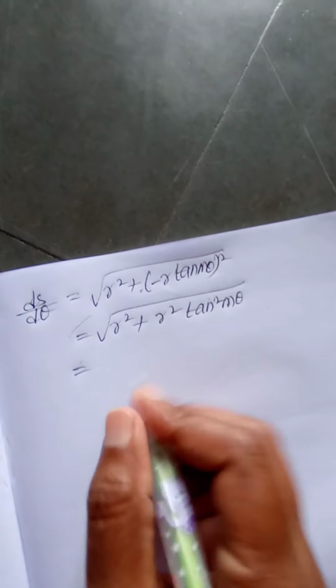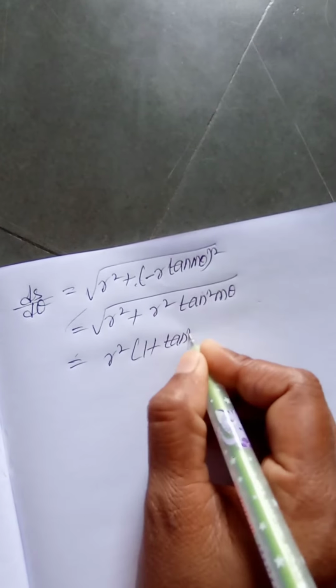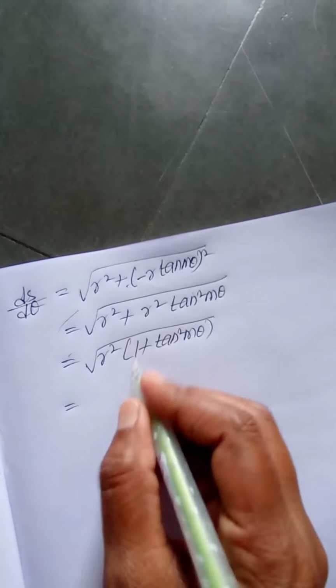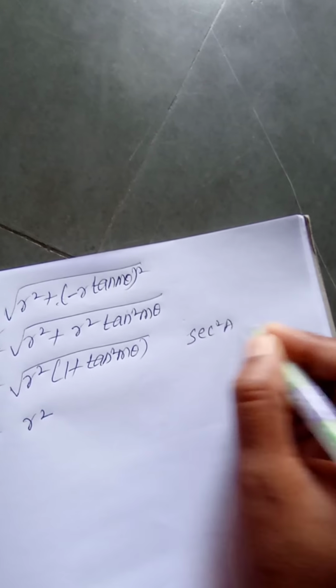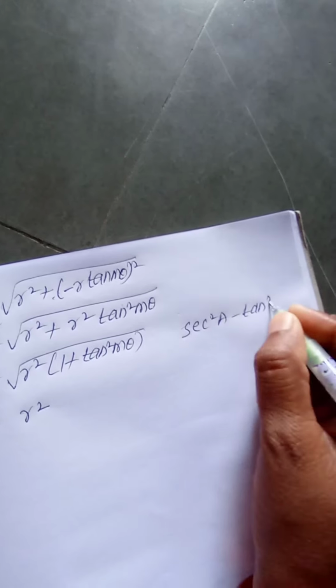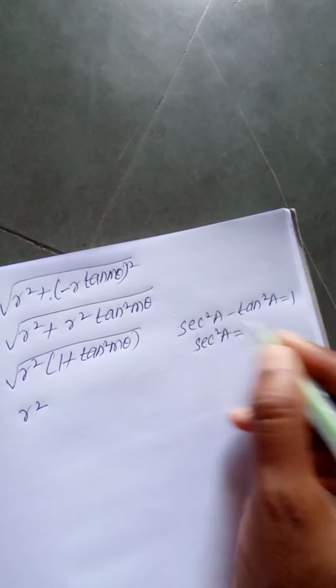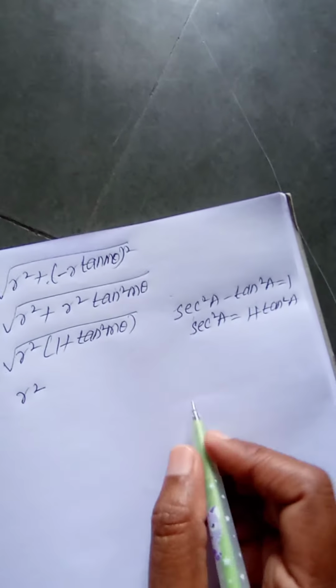In these two terms, r square is common. So take r square common: r square into 1 plus tan square m theta. We know the relation between tan and secant: secant square a minus tan square a is 1. So secant square a, transposing minus tan square a, on the right-hand side we get 1 plus tan square a.